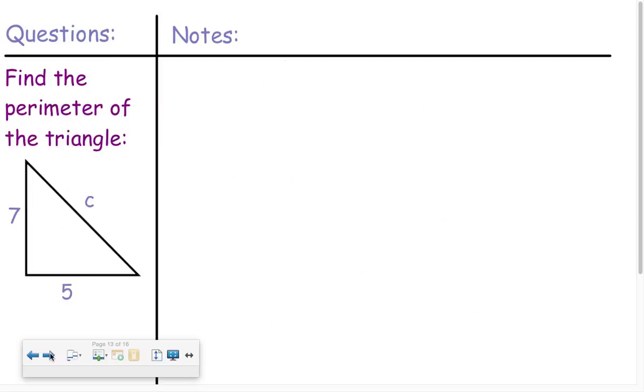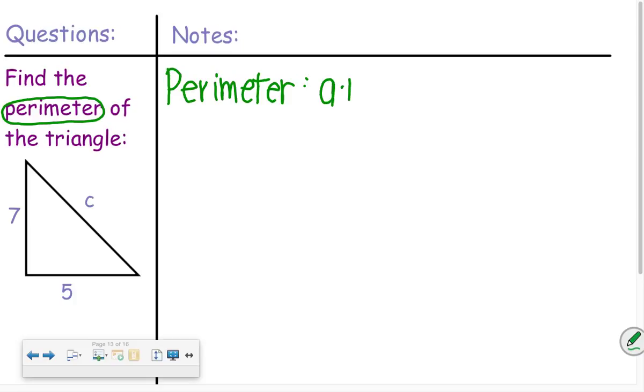Find the perimeter of the triangle. So if I'm trying to find the perimeter, I'm going to add up all 3 sides. So I'm going to add up A plus B plus C. So let's see which sides I have right now. If I draw my right angle in here, I don't have my C. So right now I have A, which is 7.